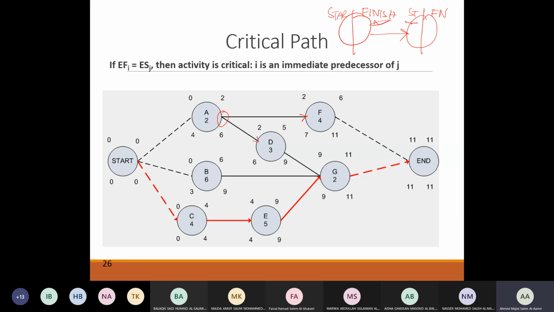What type of relationship is available in ADM? There is only one relationship available in ADM, which is finish to start relationship. All the tasks are connected only in a manner of finish to start. Do you agree that all the arrows are going from the finish side of a task to the start side of a task?